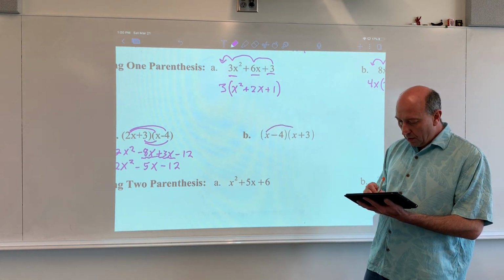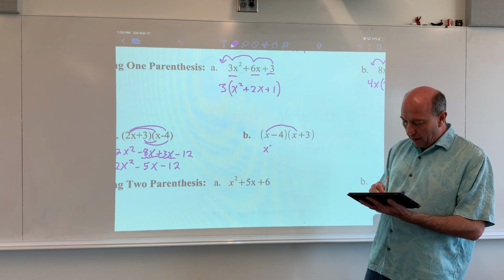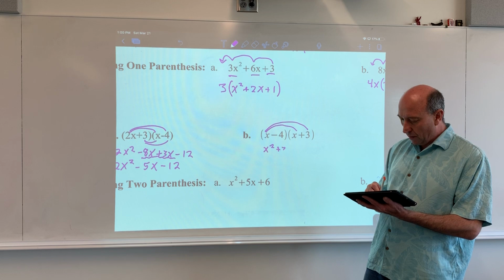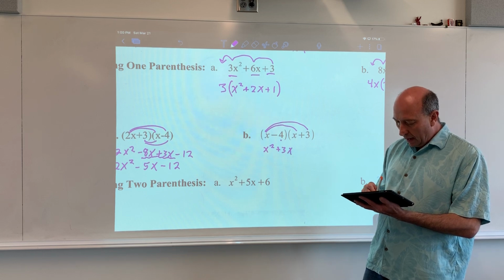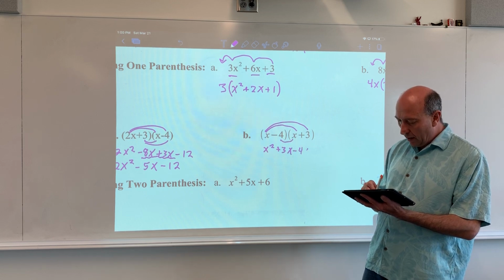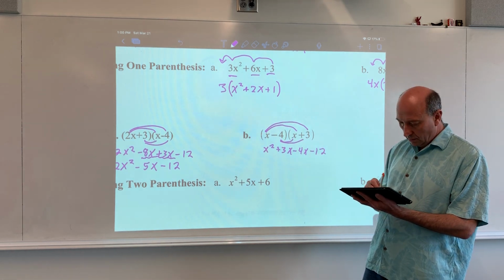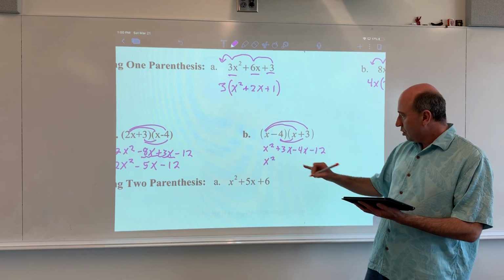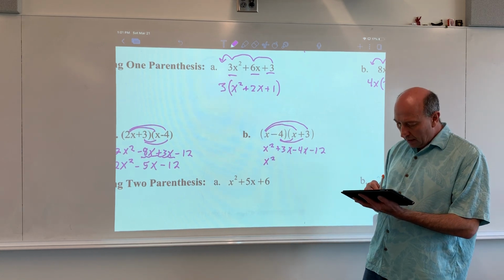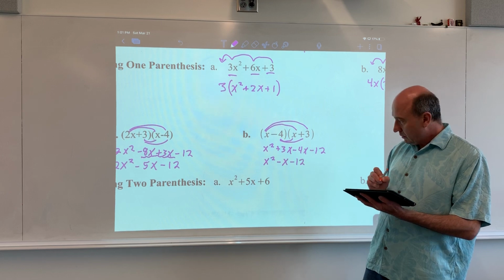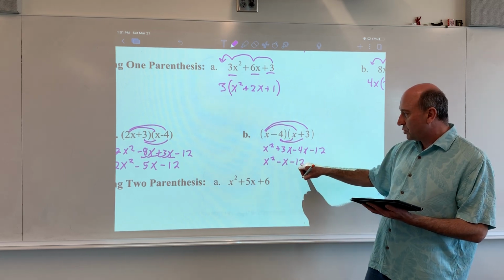You distribute x times x is x squared. Then x times 3 is 3x. Then negative 4 times x is negative 4x. And negative 4 times positive 3 is negative 12. 3 minus 4 is negative 1. So you get x squared minus x minus 12.